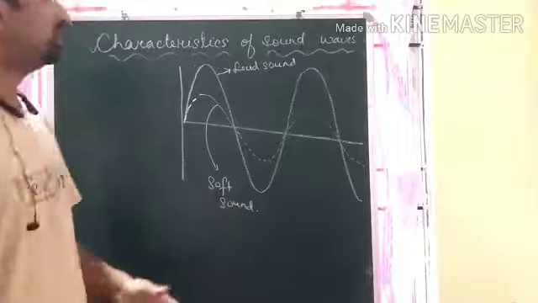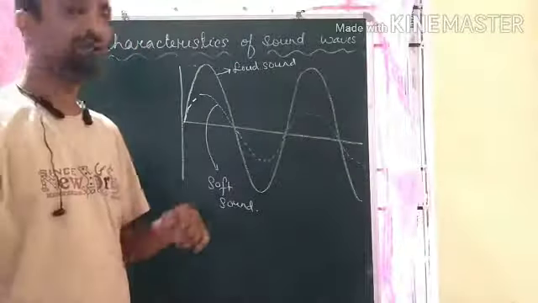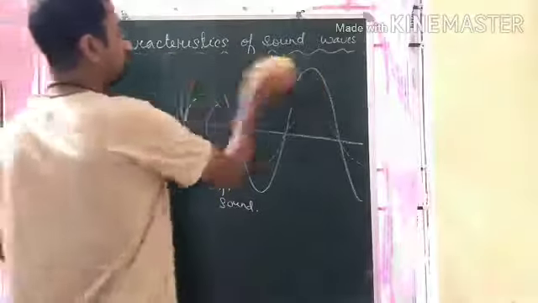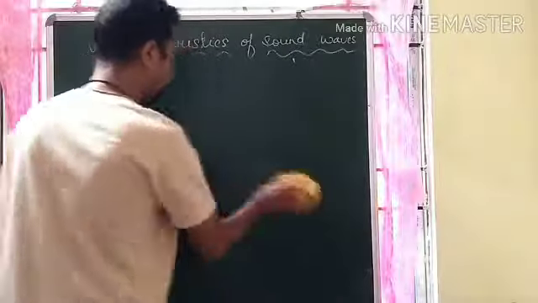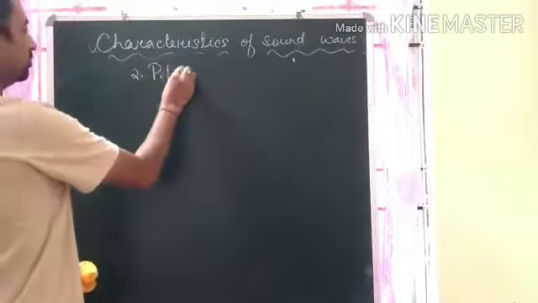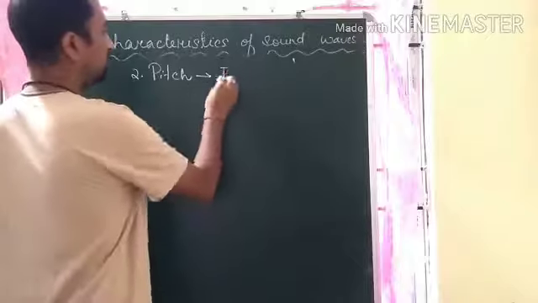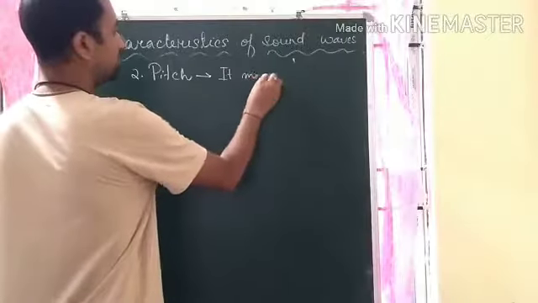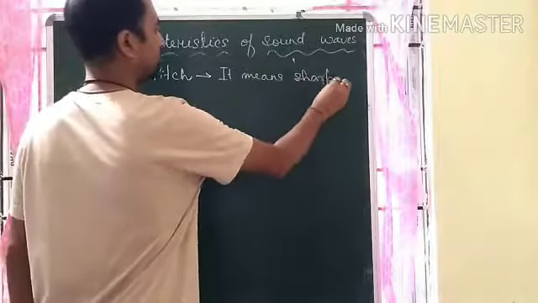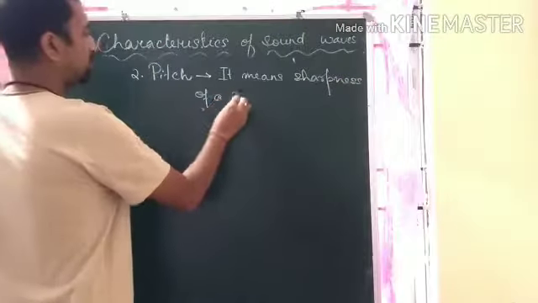So this is about the first characteristic of sound wave, that is the loudness of sound, which is determined by the amplitude. The next one is pitch. Number two is called pitch. Pitch generally means the sharpness of a sound.